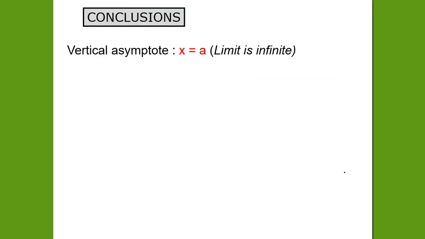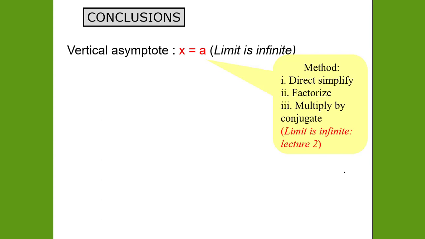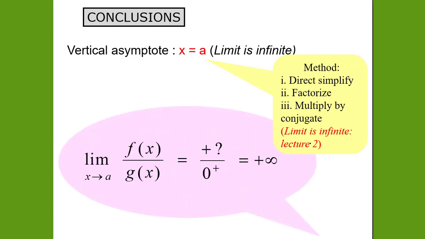Conclusion: vertical asymptote when x approaches a, the limit is infinite. To find that, just directly substitute, simplify, factorize, or multiply by the conjugate. Check lecture 2. Here, limit as x approaches a, given polynomial over polynomial, check for a positive value over 0.